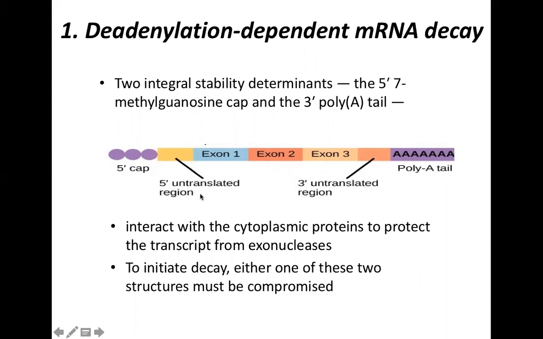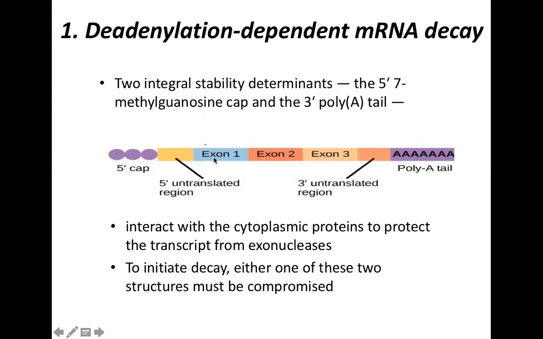So in order to initiate decay, either one of these two structures needs to be destroyed, either the 5' cap or the poly-A tail. In case of deadenylation-dependent mRNA decay, do not confuse it with 3' to 5' or 5' to 3' decay, because that's the direction of the decay.